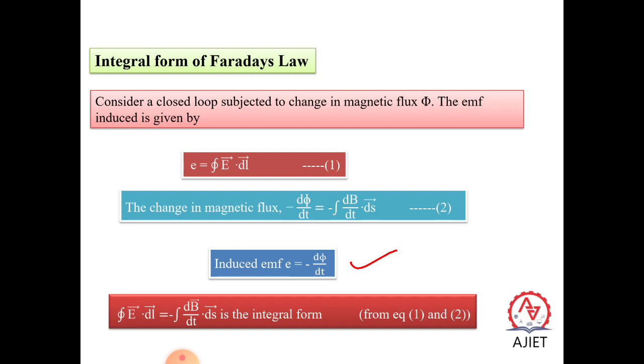So induced EMF can be calculated in both ways. This is called the integral form of Faraday's law: the closed integral of E dot dl is equal to minus the integral of dB by dt into ds.